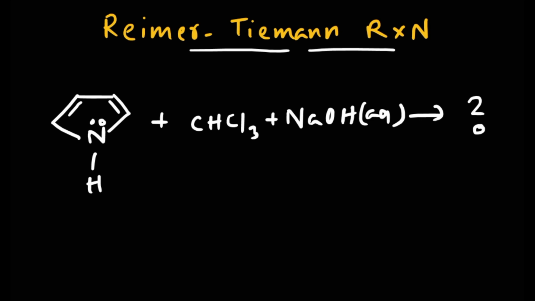Because here one lone pair is present, due to delocalization this lone pair can go here. After that this pi bond can go to this carbon, so it will become negatively charged. So we can think that the aldehyde group can attach to this position, if we number the positions 1 2 3 4 5.